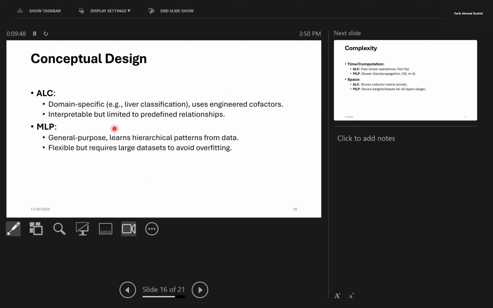ALC is a liver classification machine learning algorithm using cofactors. MLP was inspired by the human brain as a biological neural network.